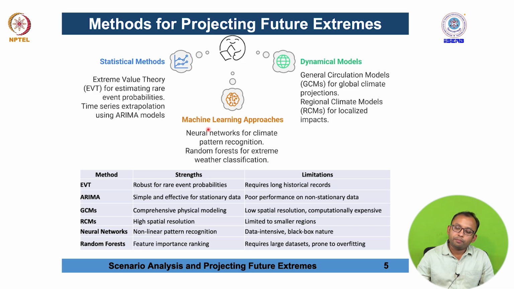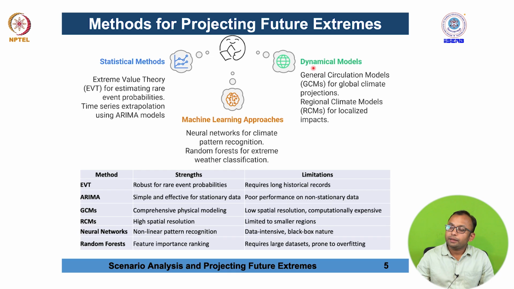Then we can talk about machine learning, such as neural networks or random forests. We can merge them together and understand the climate pattern or extreme weather classification in the future steps or the historical part of the data set.